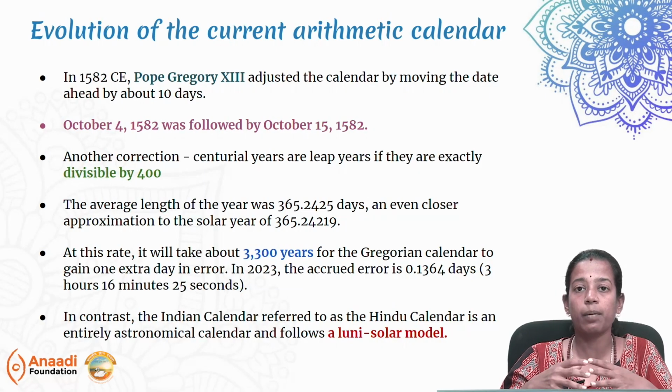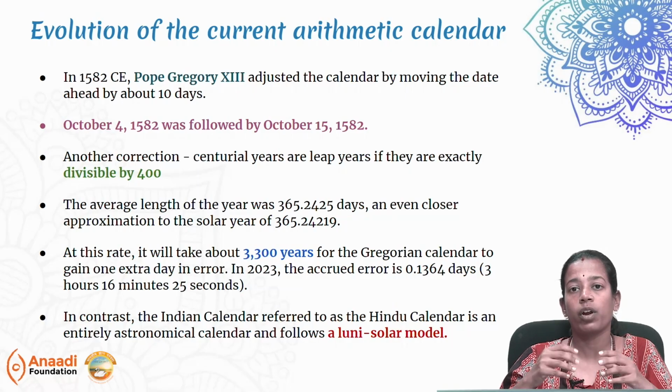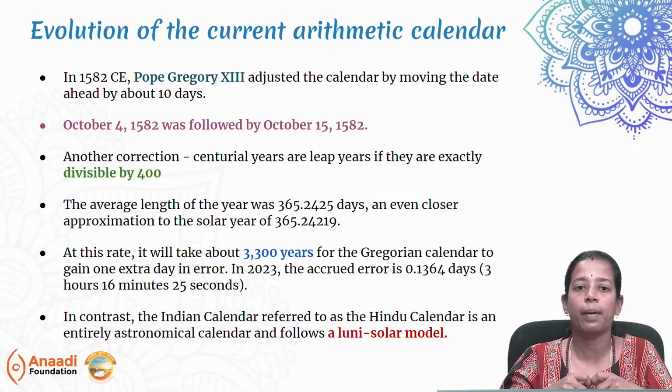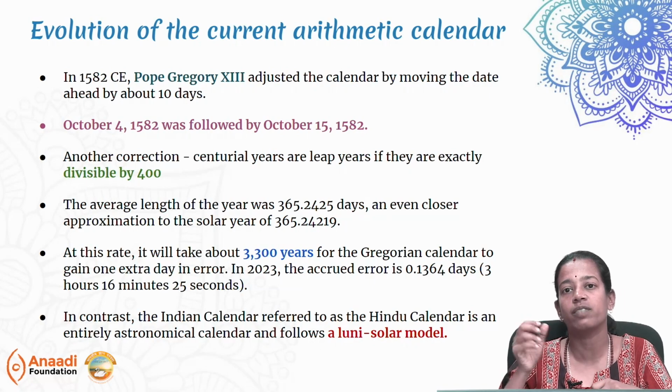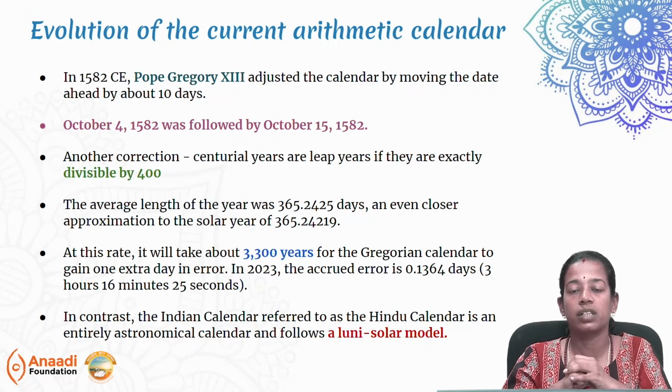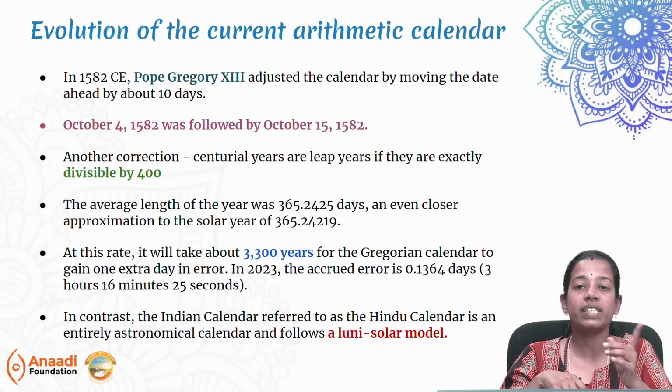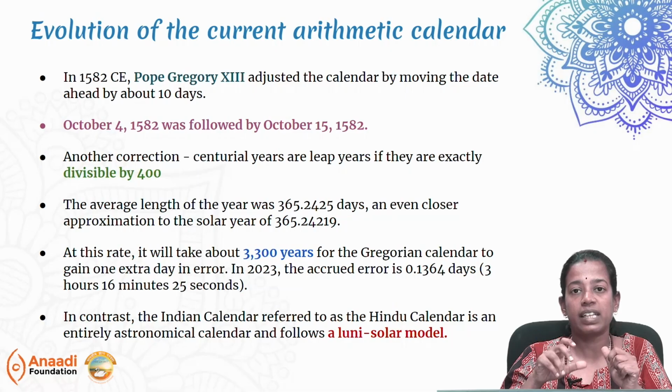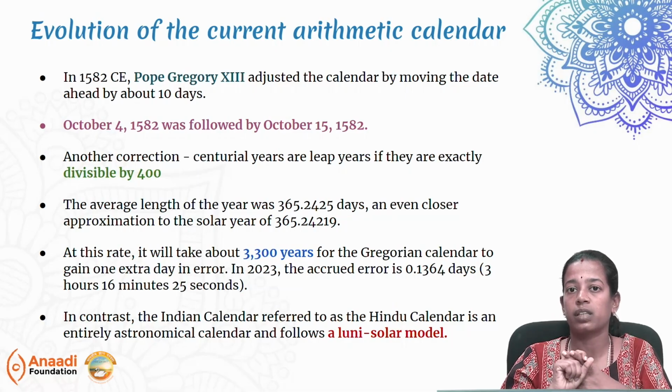Is it flawless now? No. But what we have done is reduce the margin of error. So, what will happen now? It is going to take about 3300 years for the Gregorian calendar to gain 1 extra day. Previously, it was 100 years, and now, because of these two corrections that the Pope made, it takes 3300 years.